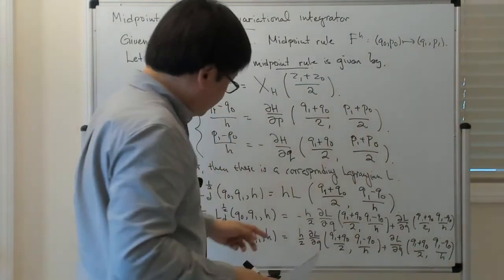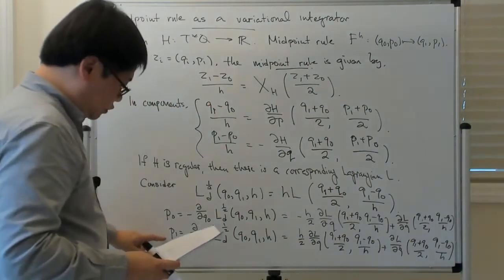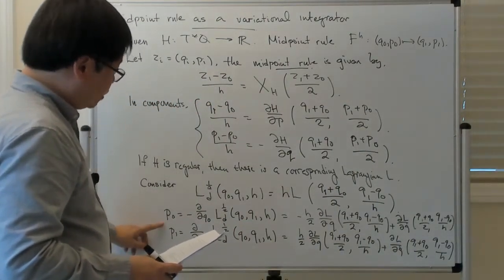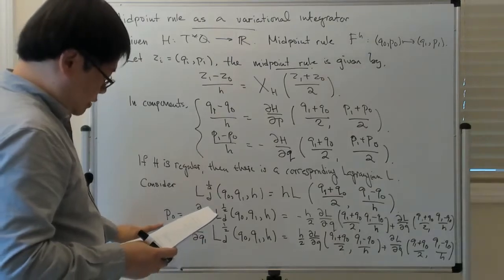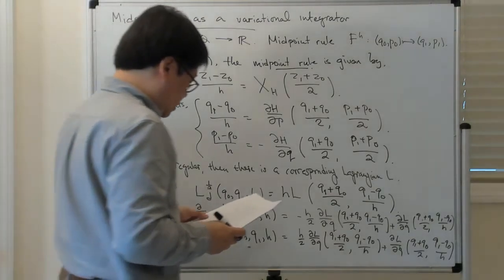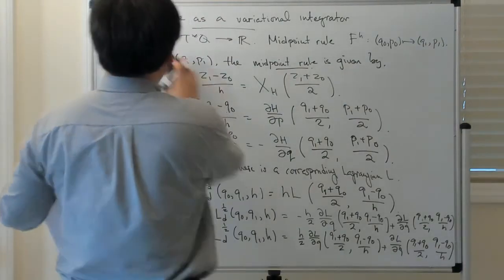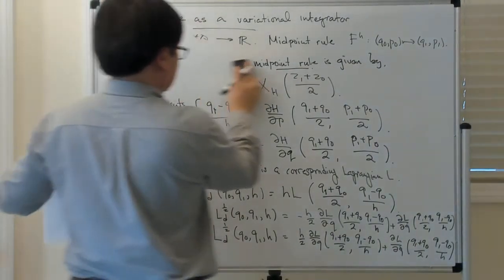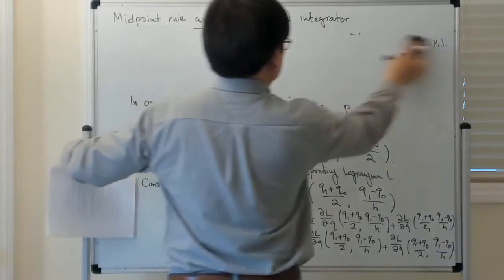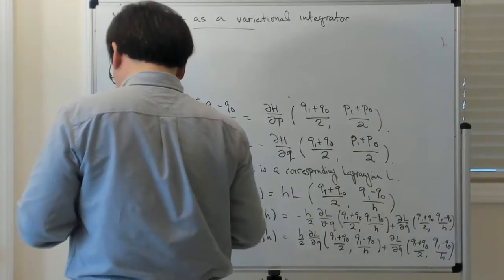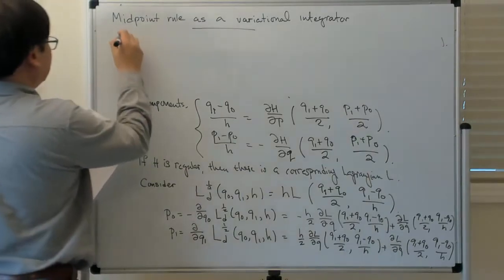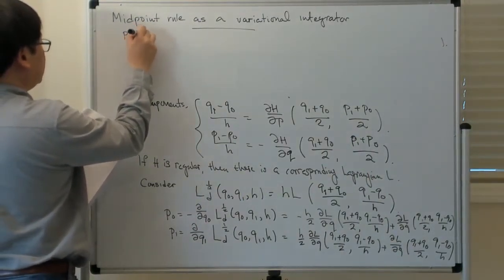And then what you can do is subtract these two terms from each other, right? And then you can add them, and you get two different things. So let's see what you get. On the one hand, p1 minus p0.